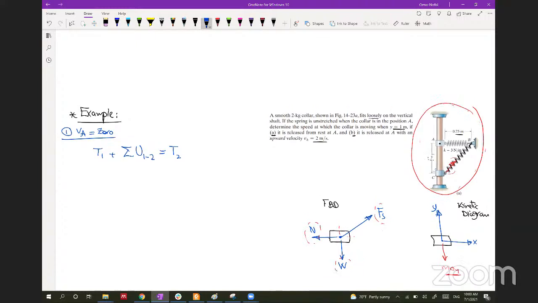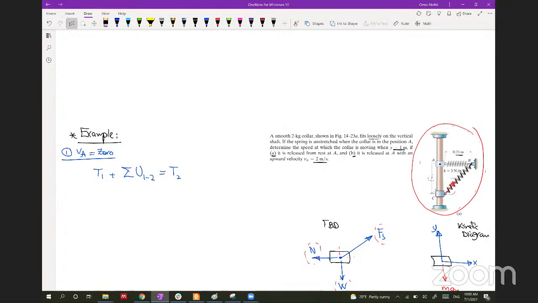So let's see. First, at position 1, VA, it will be half m VA squared plus the U done by the weight plus the U done by the spring.